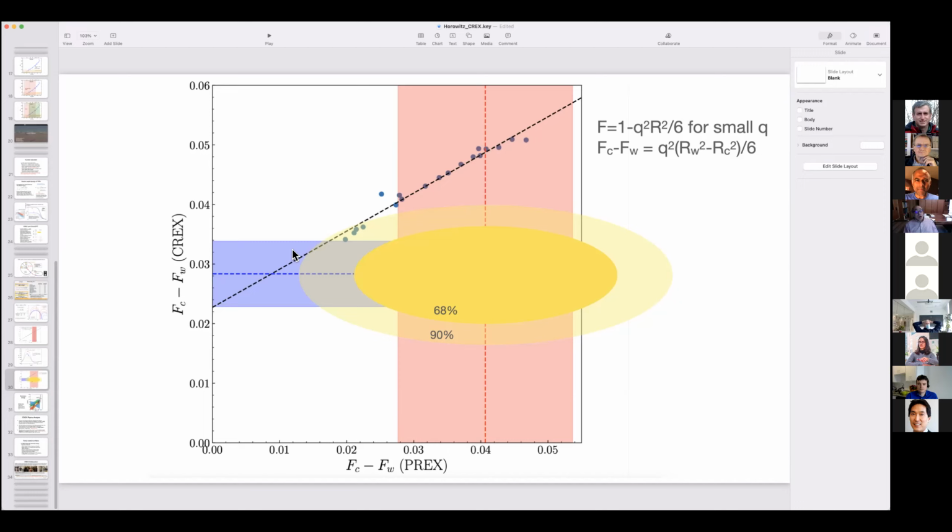Yeah, so I'm saying it's equivalent. We talk about measuring the neutron skin and that fixing L, but fixing L and J is equivalent to fixing the volume and surface symmetry energies. Okay.